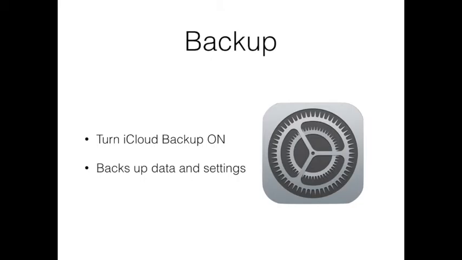The university also recommends that you back up your device. Just make sure that iCloud Backup is turned on in your settings. This makes a complete image of your iPad, and if ever you need to have your iPad restored, you can simply pull down a carbon copy or an image from iCloud.com.